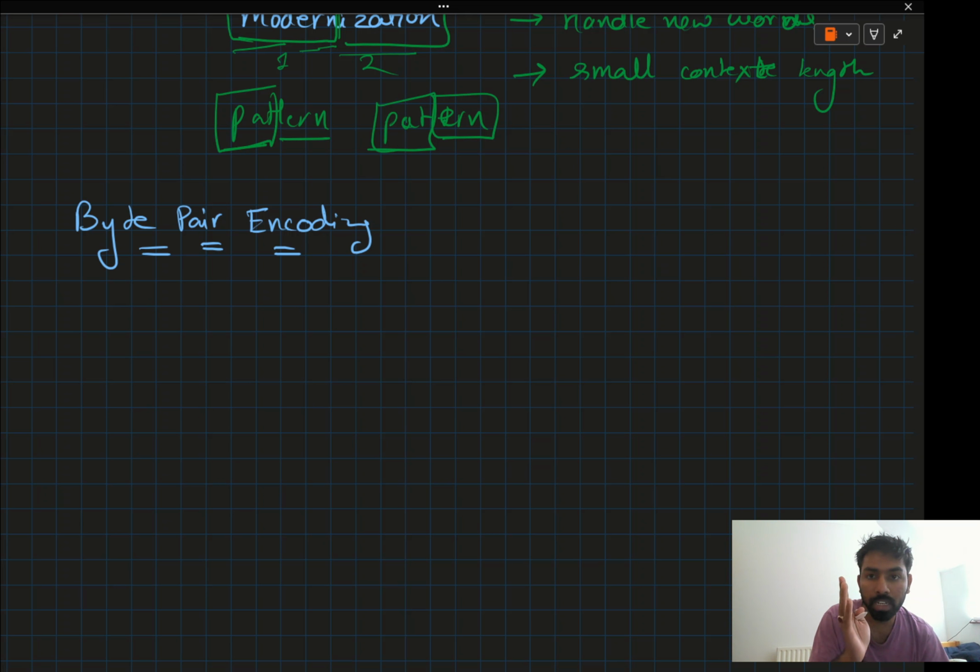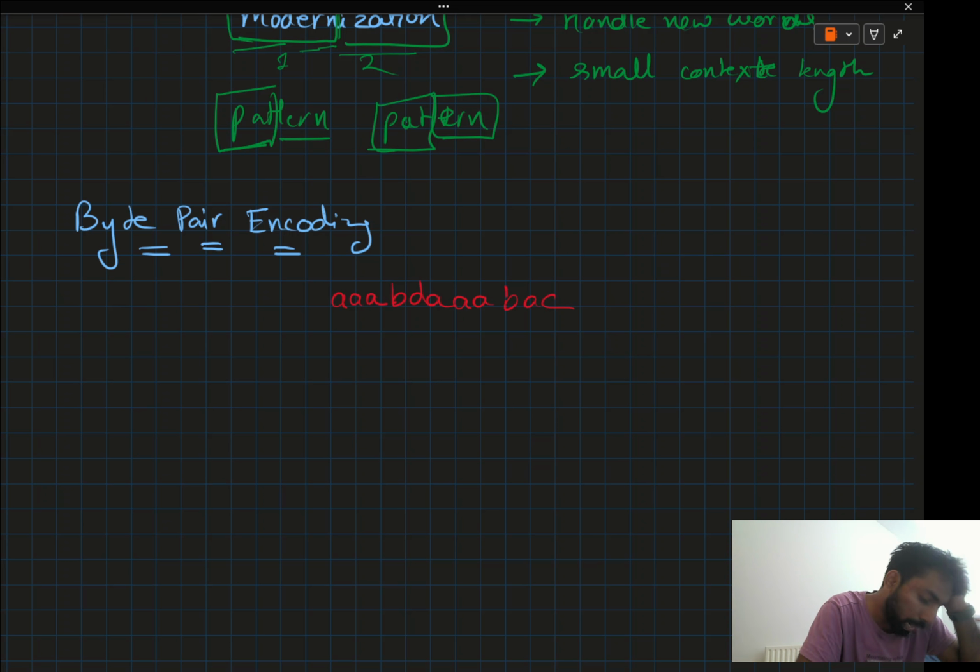So byte pair encoding was used in compressing a text passage or text document. How it works is, for example, there's a very common example: AAABDAAABAC.